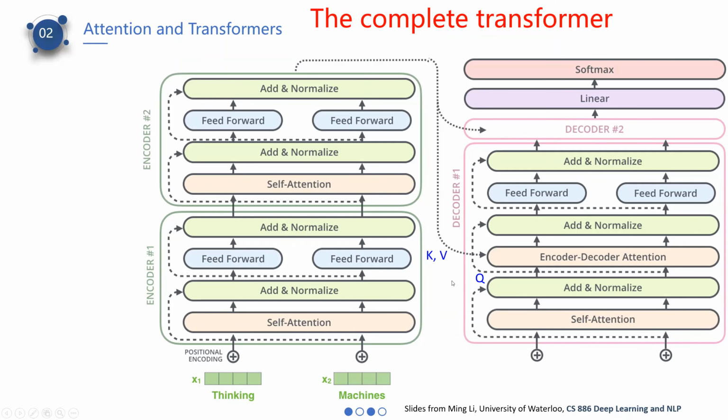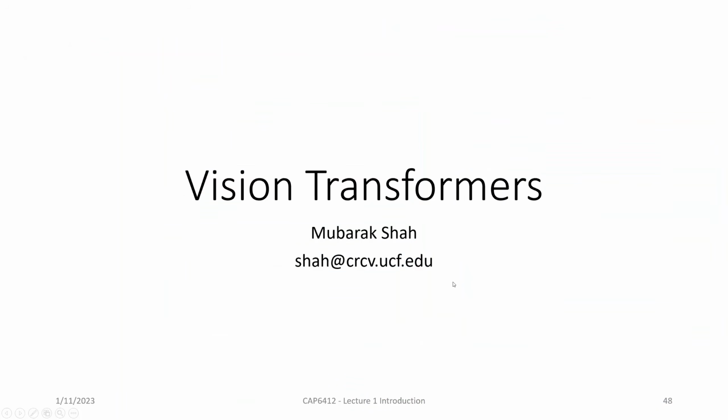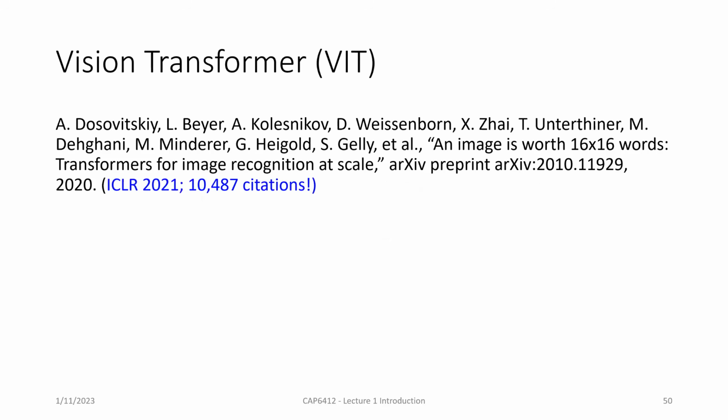Then we repeat the same thing. Okay, so that's the basics of the transformer, and this is in the context of NLP, with words and tokens and so on. That was 2017, and for a long time this transformer idea didn't pick up in computer vision.